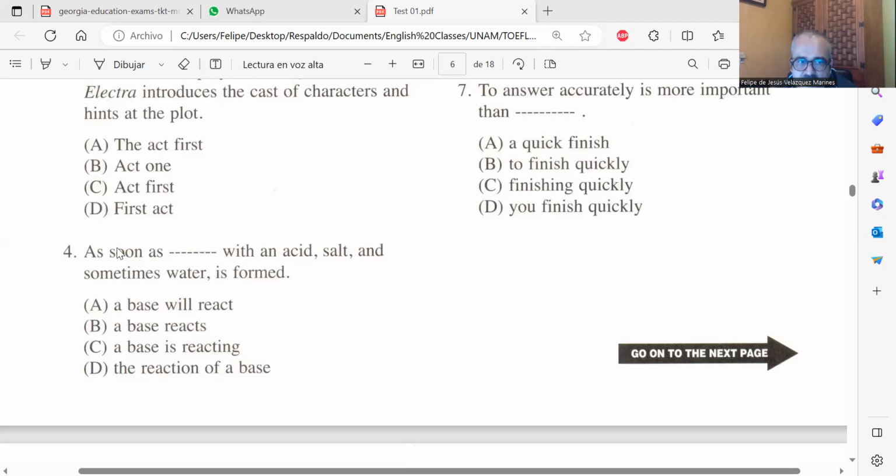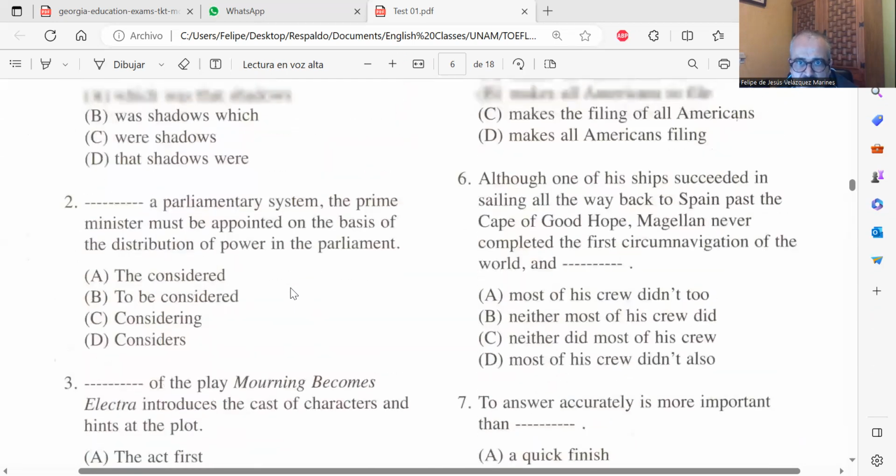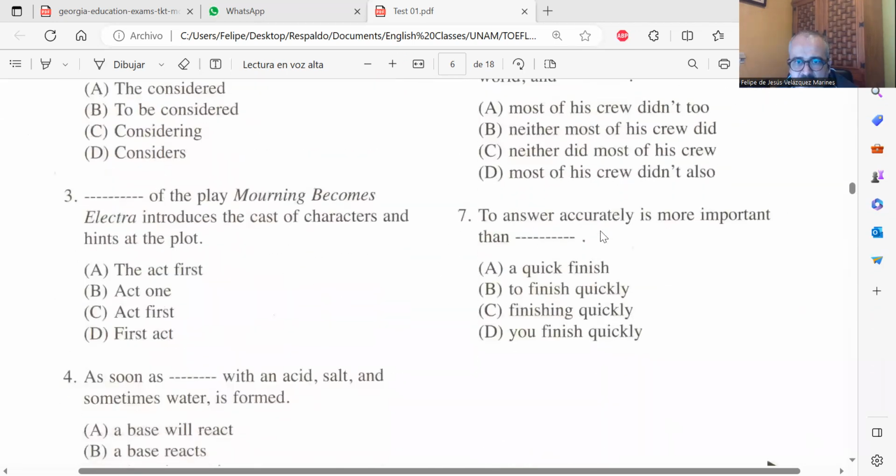So the answer is marker, subject, verb in present simple, because this is science. Yes? Okay? To answer accurately is more important than, for example, comparing apples with apples, bananas with bananas.